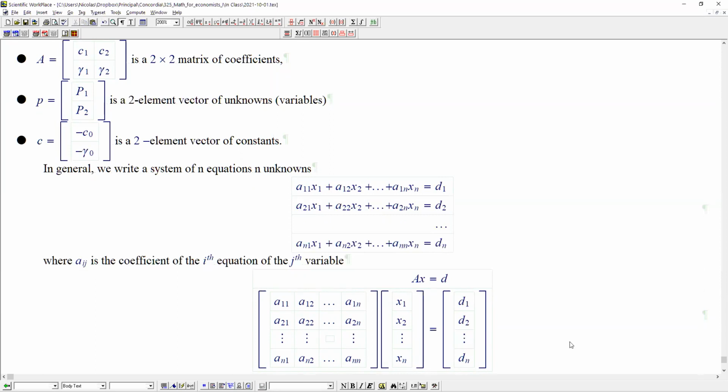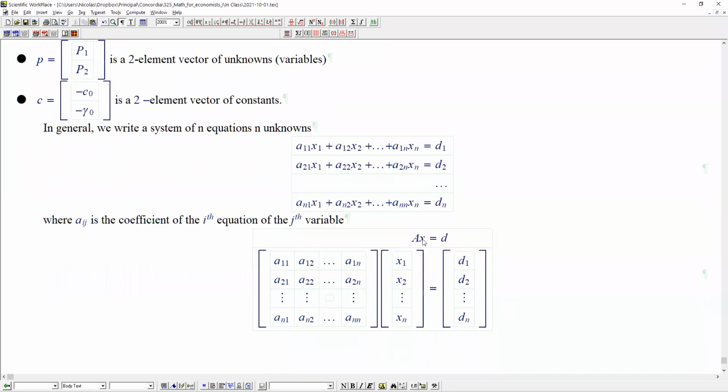This is a very systematic way of writing it. So you see that in the end, I don't really need to know all the details here. I just know that all of this is in the matrix A. All of these variables are in X, and all of these constants are in D. And then all I can do is manipulate these objects here, and I know that the operations I do on each object are operations happening on each of these objects. So this is a very systematic way of writing it.